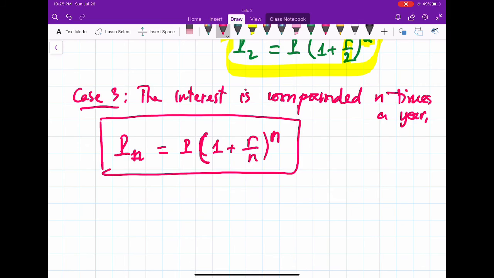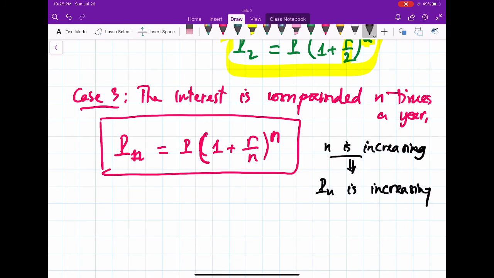So you may think, if n is increasing, this function Pn is also increasing. That means if the number of times the interest is compounded is increasing, then the amount is also increasing, right? So in case you need to pay a credit card, you need to pay more than that. I hope you understand the game, right? Between us and the bank.